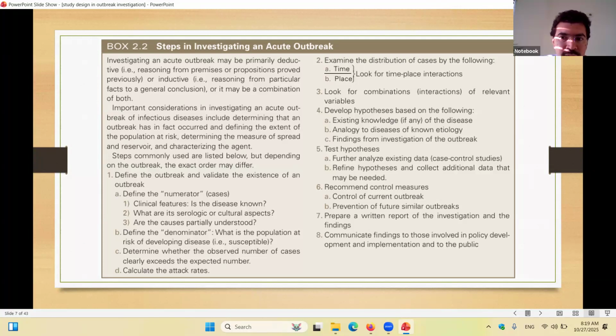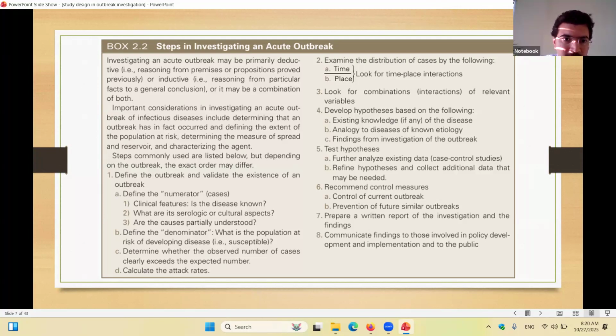So you should know the steps of outbreak investigation to find the suitable steps for using descriptive and analytic studies. So at first, I should introduce you to the steps of outbreak investigation.